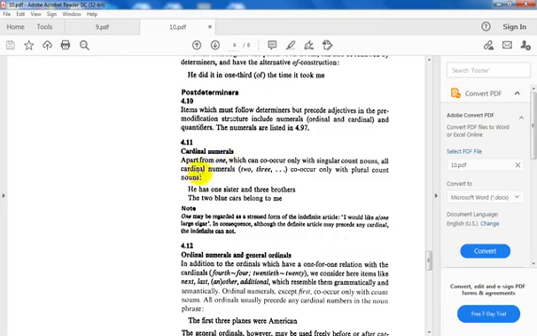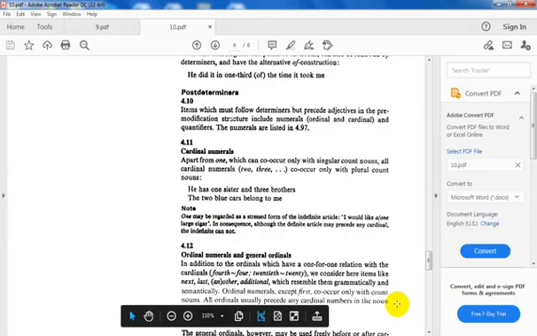Apart from one, which can occur only with the singular count nouns, all cardinal numbers 2, 3, 4 can occur only with the plural count. يعني one only with singular count noun والبقية الكاردينال they are used with plural count noun. يعني هنا ما عندي أي mention to the non-counts. ليش؟ Because they denote number, denote counting. مستحيل تستخدم ويا non-count noun.